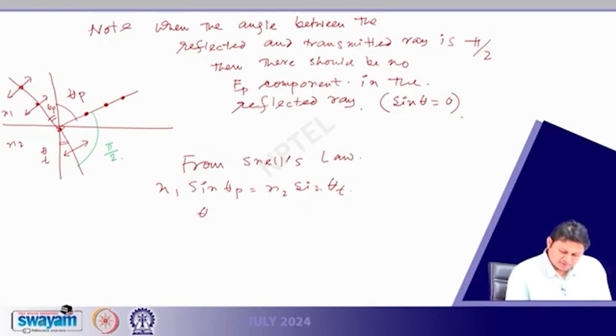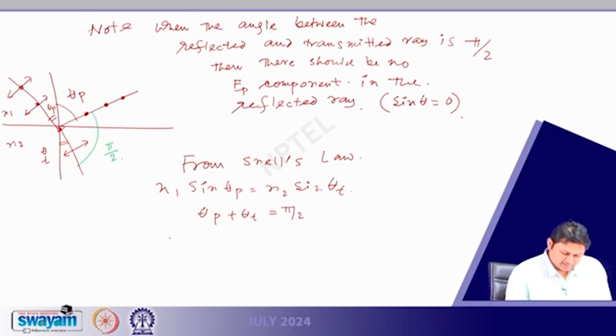If I look carefully, this plus this is 90 degrees, so theta p plus theta t is equal to pi by 2.